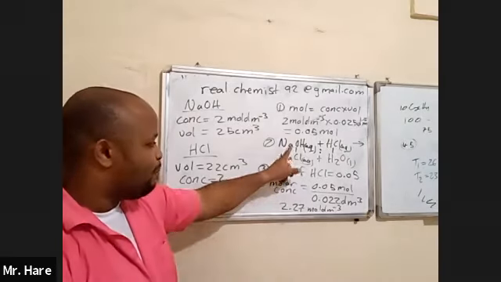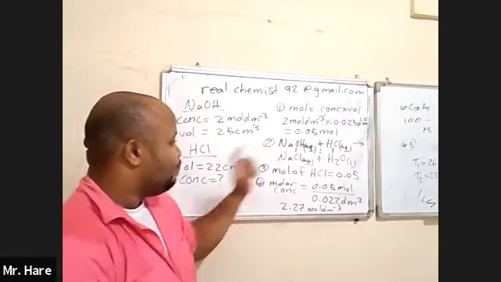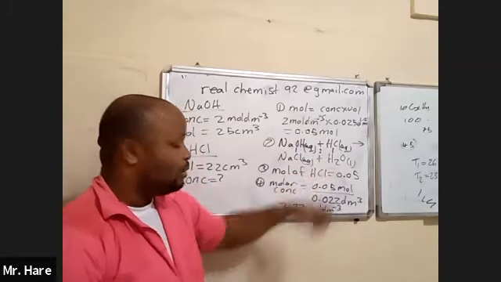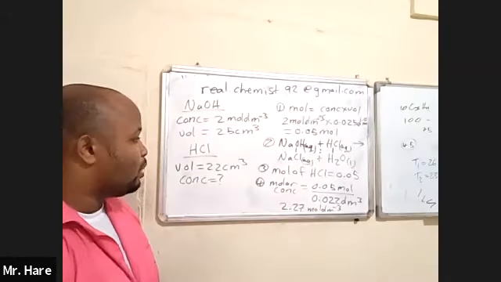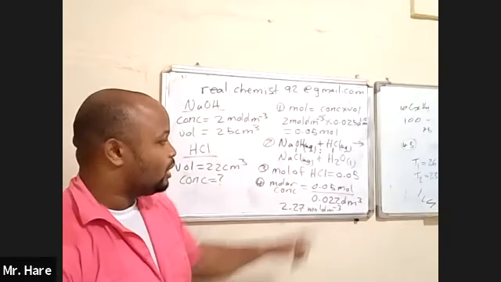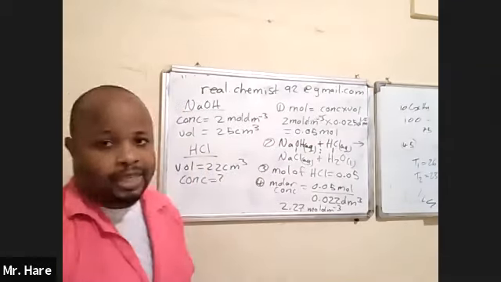So based on the balanced equation, the mole ratio between sodium hydroxide and HCl is 1:1. That means any amount of moles of sodium hydroxide that was used, it is also the same amount of moles of HCl.